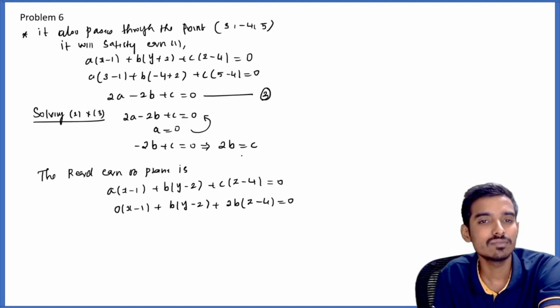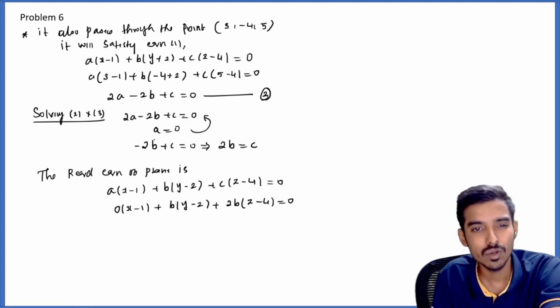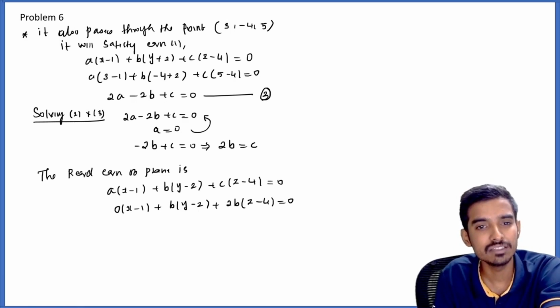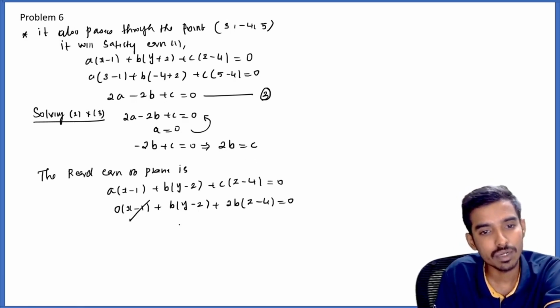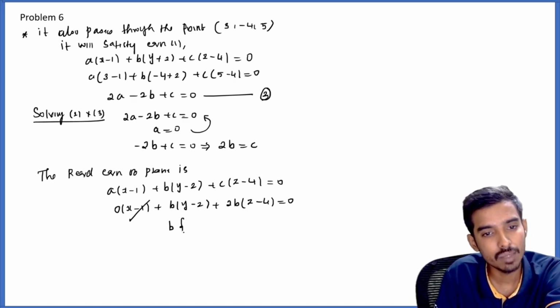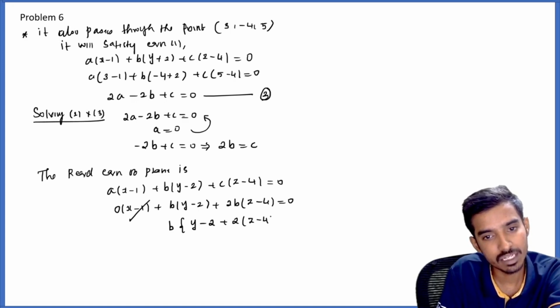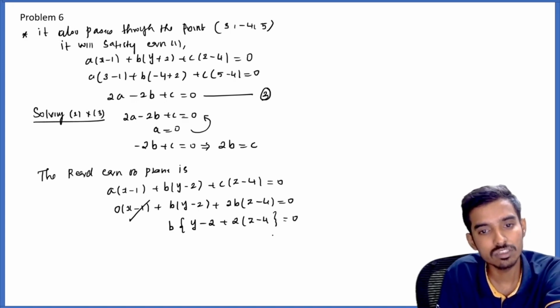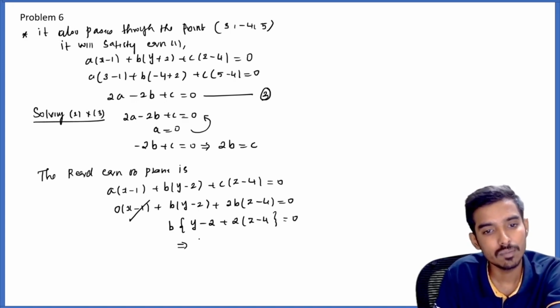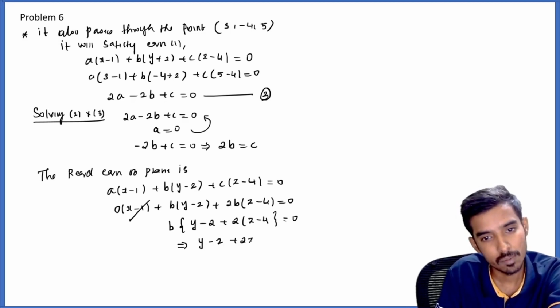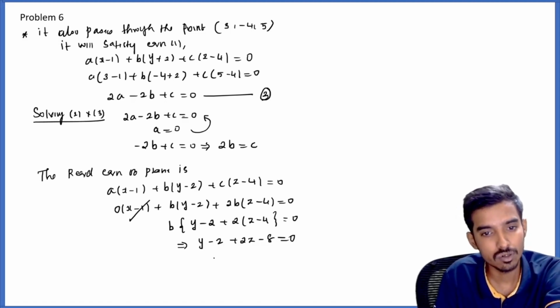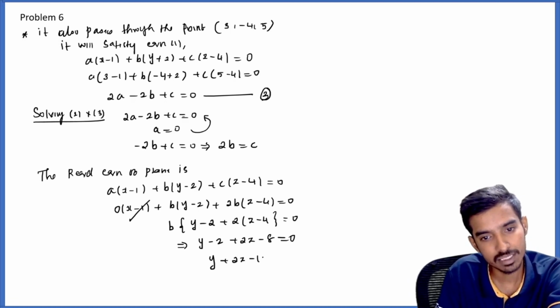In the previous problem, we used the cross multiplication method. Here also you can do it, but it's very elementary. a is 0. Now you find c in terms of b, and you take b outside, so b will also vanish. So y plus 2 plus 2 times z minus 4 is equal to 0, since b is not equal to 0. This implies y plus 2 plus 2z minus 8 is equal to 0. So y plus 2z minus 6 is equal to 0.